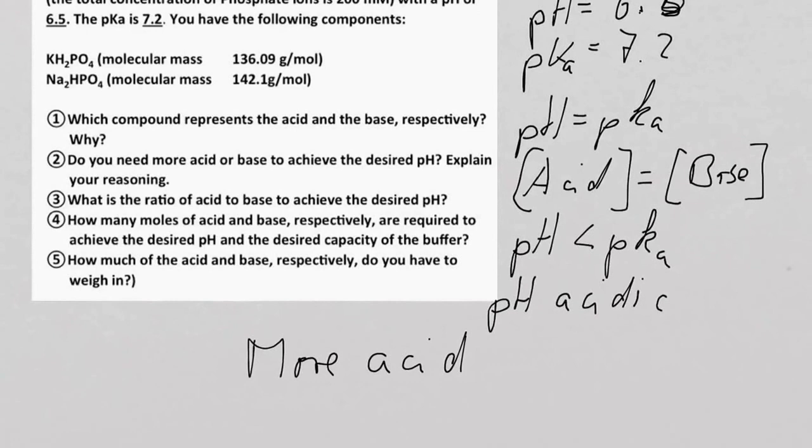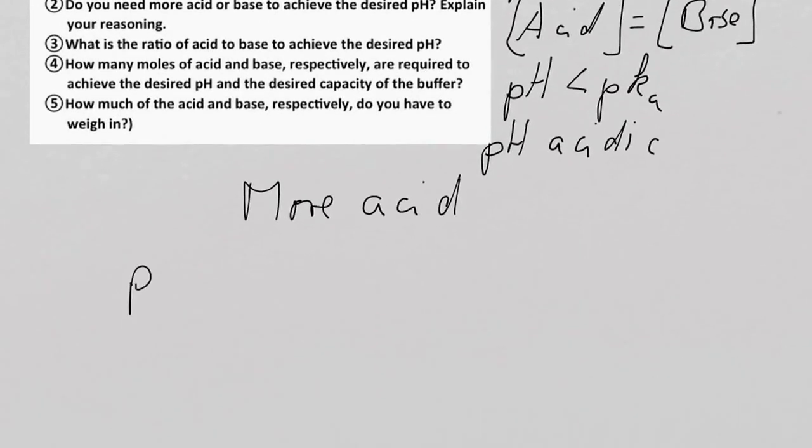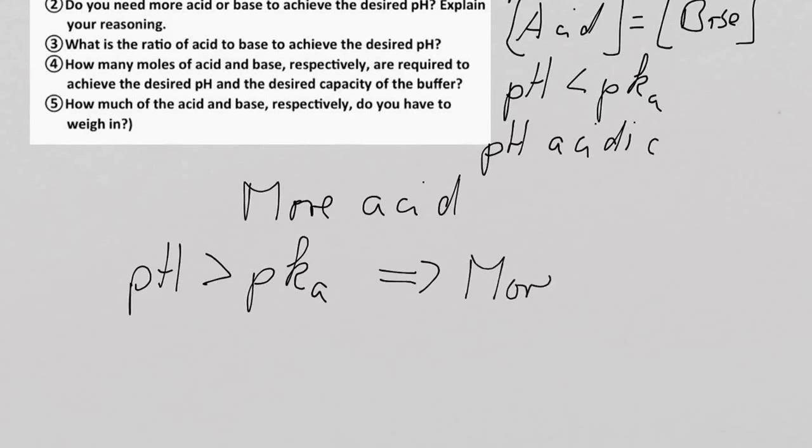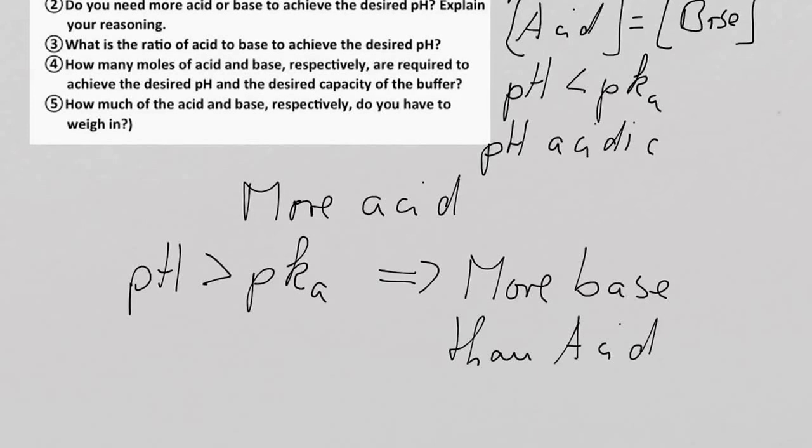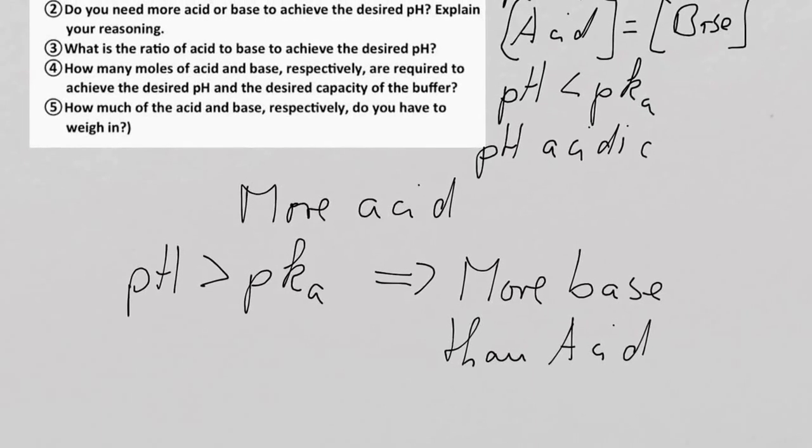And likewise, if the pH is larger than the pKa, this has as a consequence that we need more base than acid. So with this rule, by comparing pH and pKa, you can very easily determine whether you need more acid or more base.